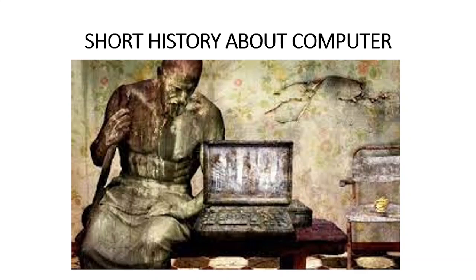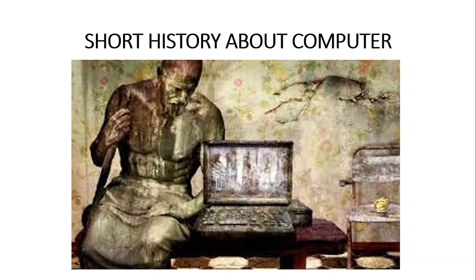It started as far back as the traditional age where farming was the major aspect of development, and during this time there was nothing like phones, nothing like your computer, nothing like your laptop, nothing like internet.